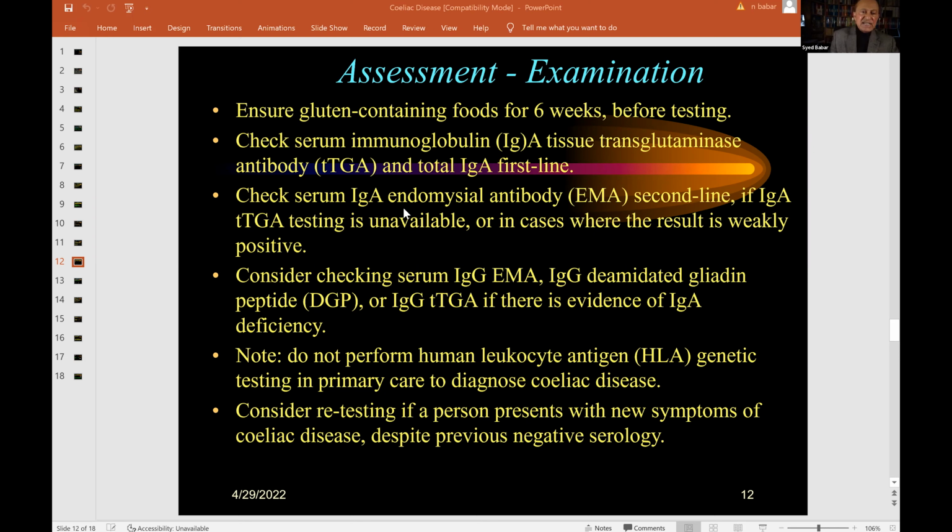But if IgA or TTGA is not available, or the results are controversial or weakly positive, then one would need to resort to checking IgG-mediated endomysial antibodies and IgG-related deamidated gliadin peptide. However, IgG-related tests are much less reliable than IgA tests.